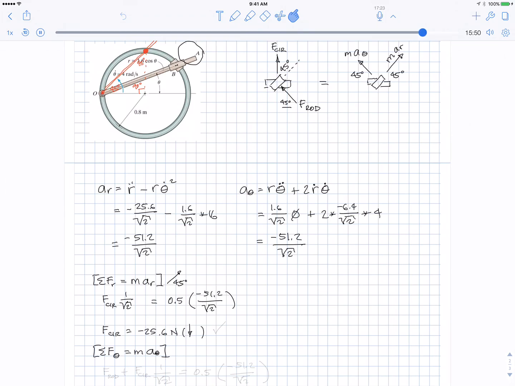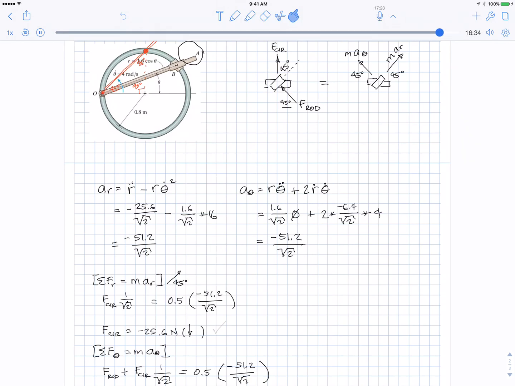If you look in the theta direction, obviously you have the force of the rod, and you have the force of the circle times cosine 45 degrees, so plus F circle times cosine 45, which is 1 over root 2, equals m a theta. Again, mass half a kilogram, and a theta happens to be minus 51.2 over square root 2.